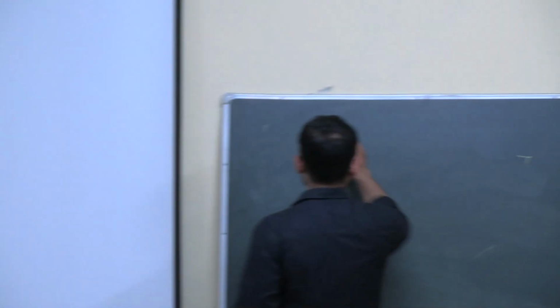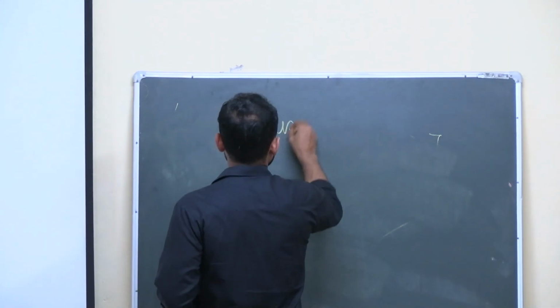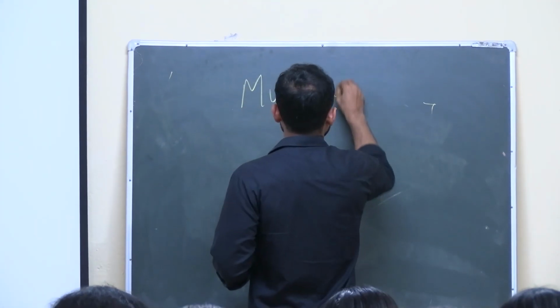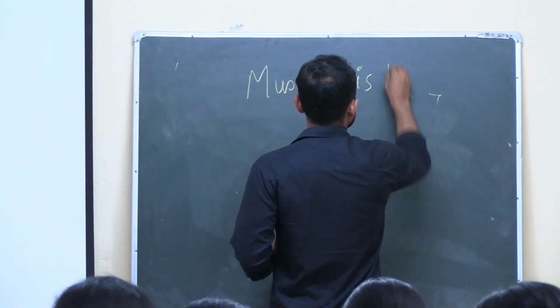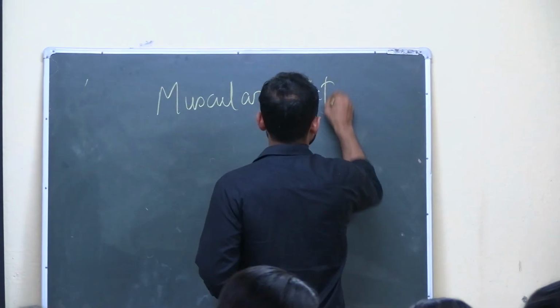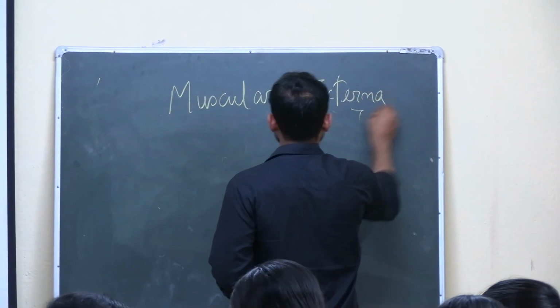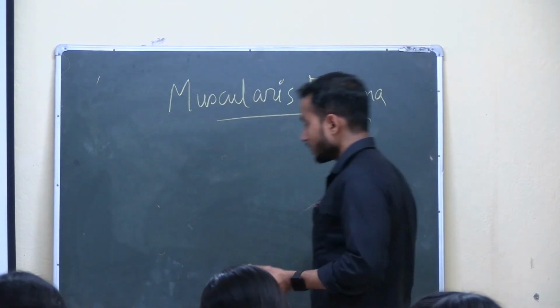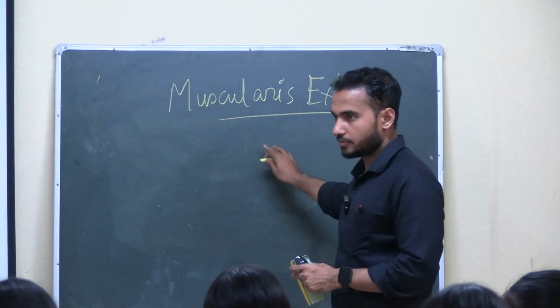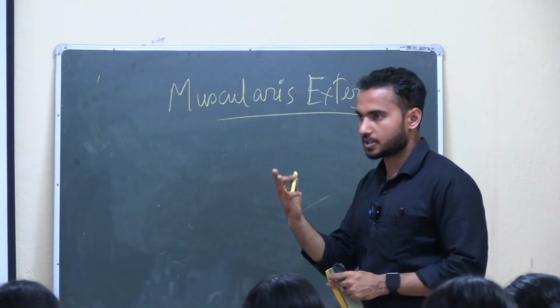Next, what about the muscularis externa in the case of the stomach? In the muscularis externa of the stomach, 3 layers of muscle fibers are there.